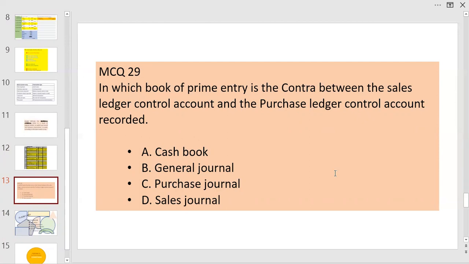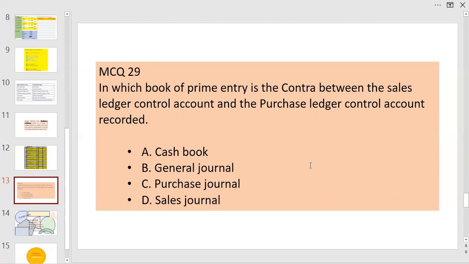One is in the sales control account, the other one is in the purchase ledger control account. When he settles bills, he may deduct what is due to him and only pay the balance. Therefore, an amount will remain in the purchase ledger control account. In order to clear that, a contra entry would be made.